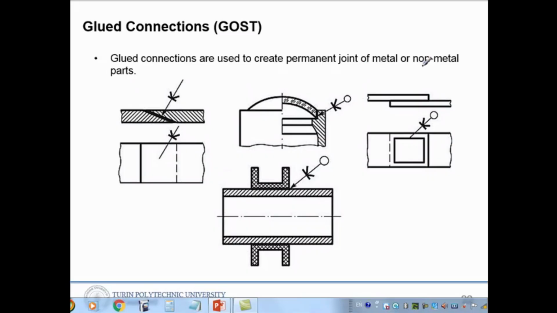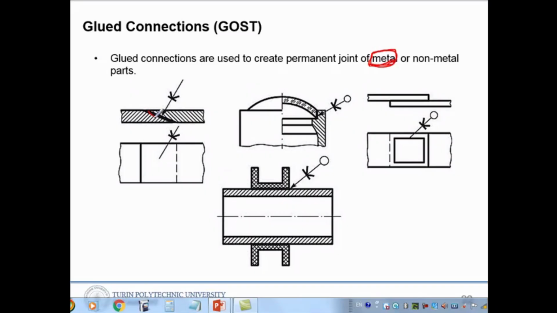Same as riveting, we can use it for non-metal part joining, but welding can be used only for metal. Non-metal parts we cannot weld, but riveting can join them, and the glued method can join them too.